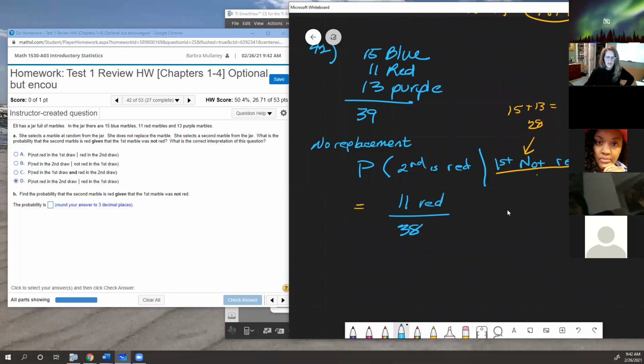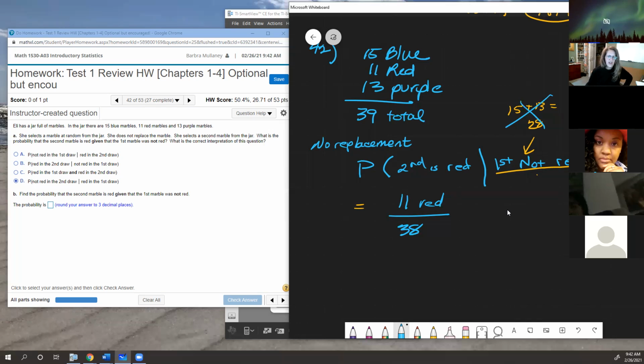It's not like we need that number actually. It's just that we need to know that we didn't pick a red one. We picked a blue or a purple. So we don't really need that total. Yes, and we have one less total to choose from.